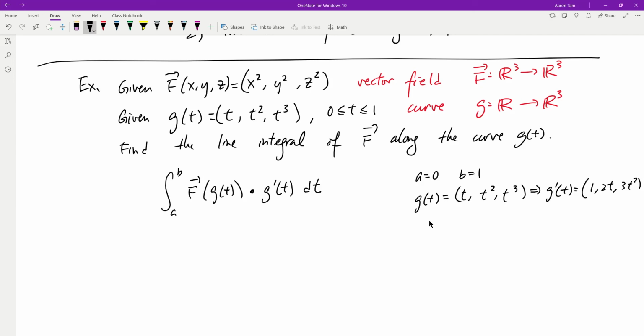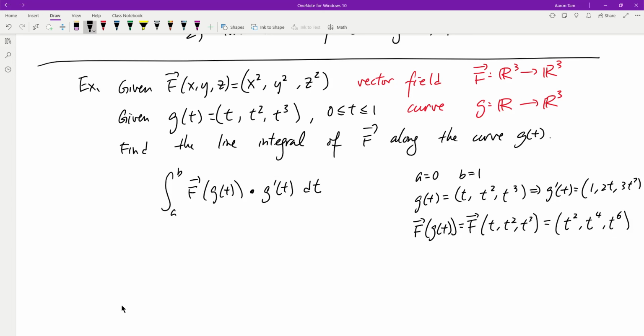And next, I do need to find vector F of g of t. So that just means vector F of t, t squared, t to the third. And so that's my x, which is t. y is t squared. And z is t to the third. So therefore, I'm going to now plug into F, and therefore I will have t squared, t to the fourth, and t to the sixth.